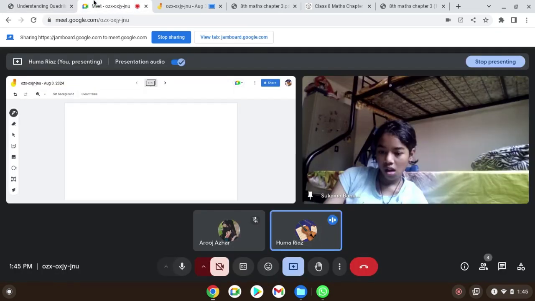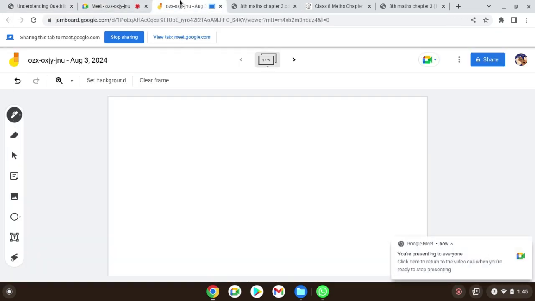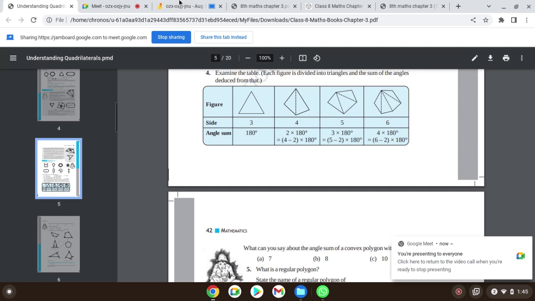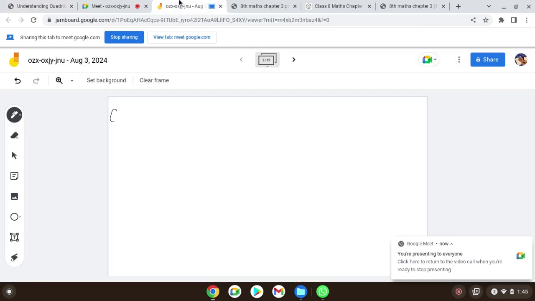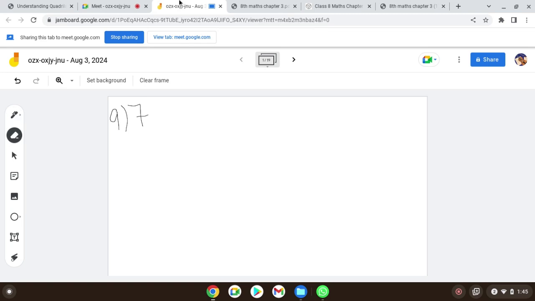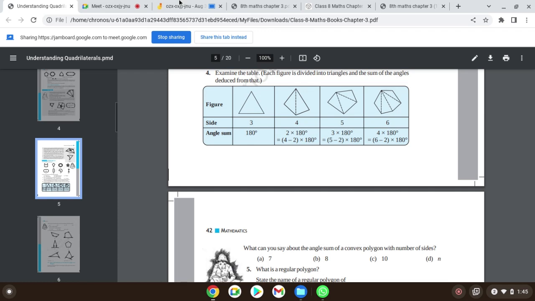Now we have to draw the table here. For example, now we are doing part 7a. You don't have to write, you just have to understand first, then write. First one is the part which is 7. As you can see from the table, we have to subtract 2 from the given number. This is the rule.